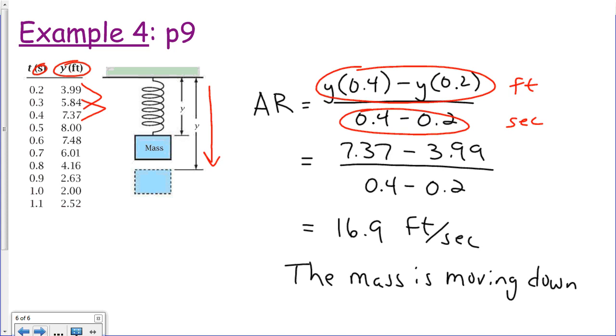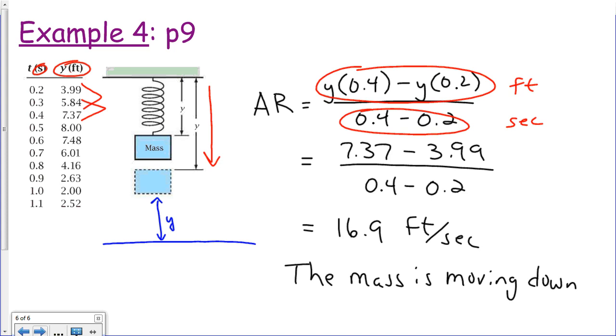Now again, for each of these problems, you have to go back and carefully analyze how they're measuring y. In this case, they're measuring y as the distance from the ceiling to that mass. If, on the other hand, they had measured, say this is the floor, and y was now the distance from the floor to the mass, then you can see that if y were getting bigger, the mass would have to be moving up.